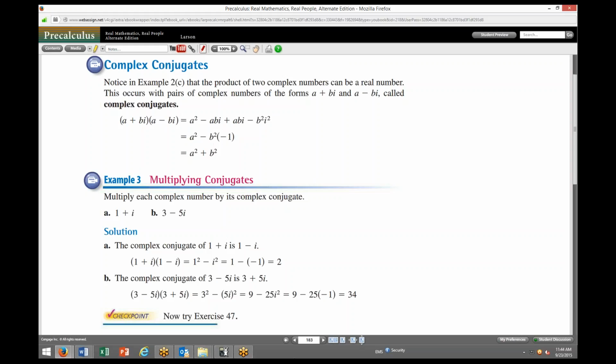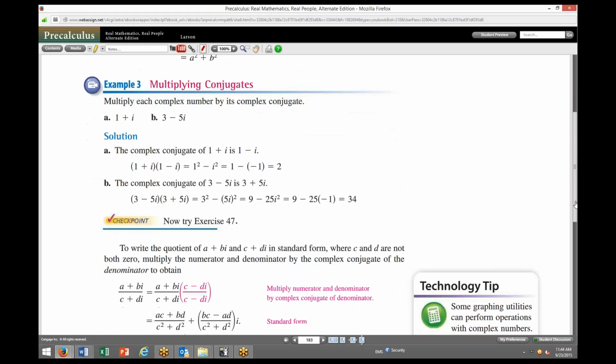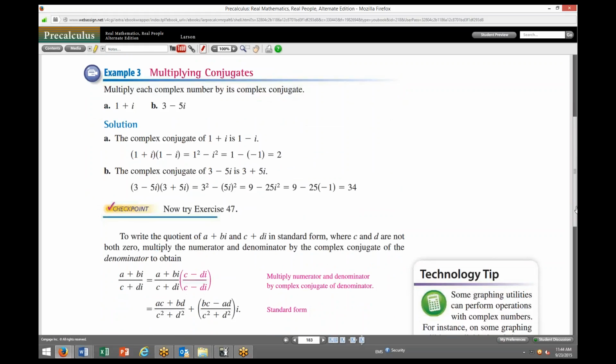Now, how is this useful? Turns out it's very, very useful, because the conjugate of any complex number times the complex number itself always gives us a real number. Not most of the time, all the time. Because when you multiply, you see this simple one right here in example 3, part A, 1 plus i times 1 minus i.